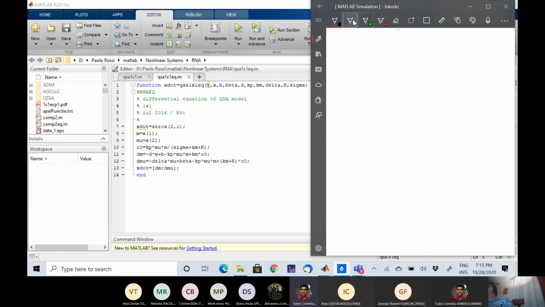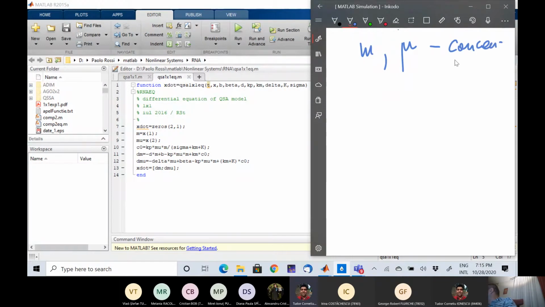Actually, the equation refers to a biological model where m and mu are the state variables, and they refer to some RNA species, ribonucleic acid, which is very often encountered nowadays. These are concentrations.